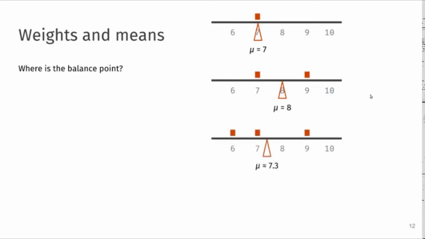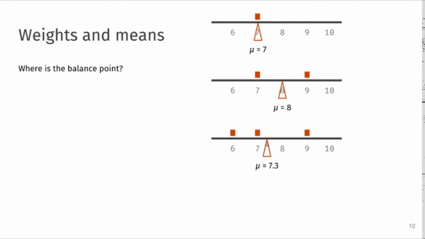Now what happens if we observe a score of 6? Well, in order to keep things balanced, we're going to have to move that fulcrum, that balance point, once again. We have to move it away from 8, because if we left it there, that would cause this surface to fall down on the left side. So we have to nudge it a little bit over.